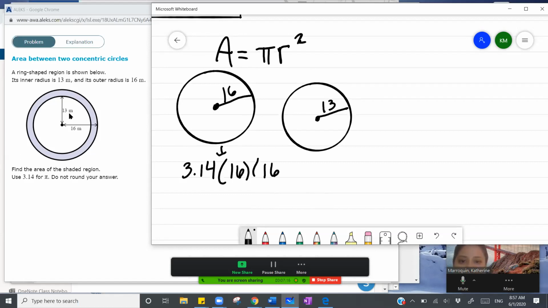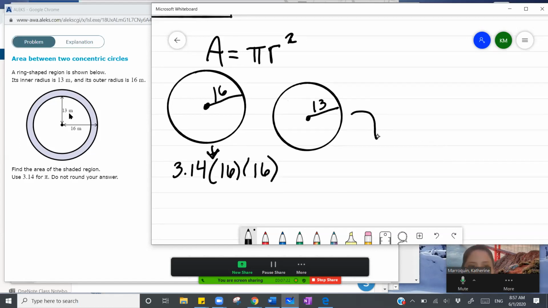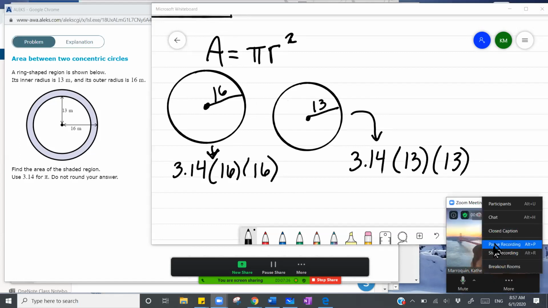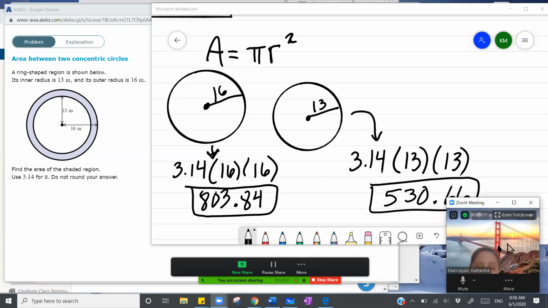That's for this circle here, right? And then for this circle, we're going to have pi 3.14 times the radius, which is 13, and then times 13 again, because remember we have r squared.